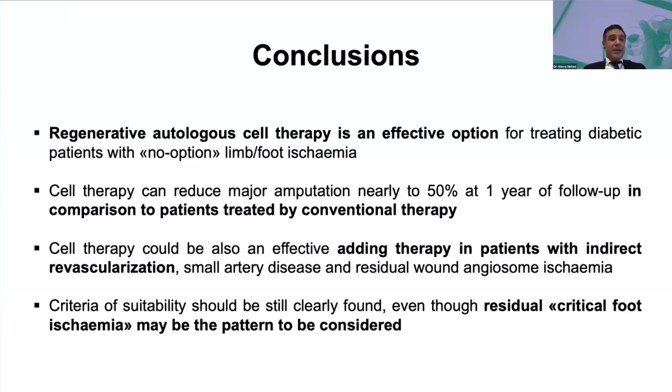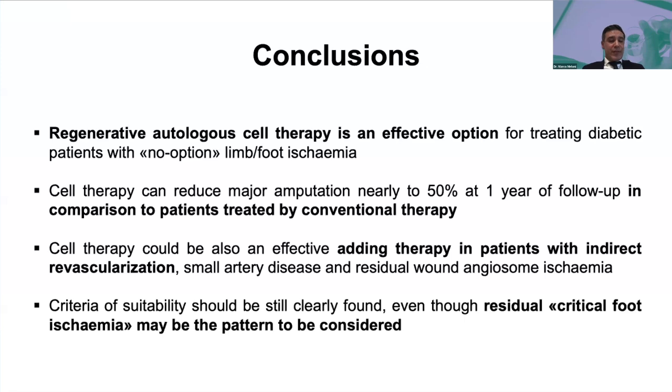And the results, which are more or less linear across the different studies, report a reduction of 50% of major amputation when compared to patients treated by conventional therapy. Autologous cell therapy could also be an adjuvant therapy for patients that receive indirect revascularization and report a condition of residual wound angiosome ischemia.